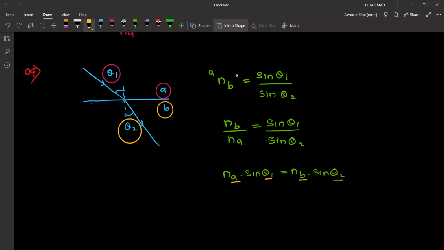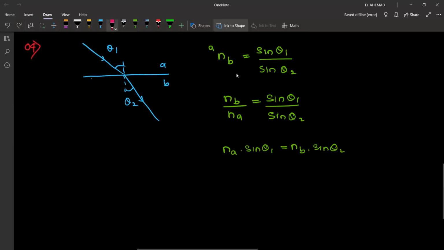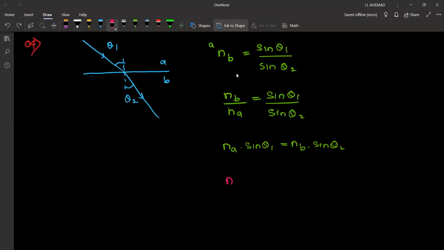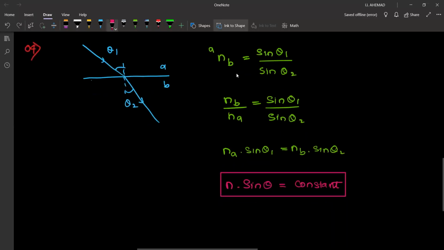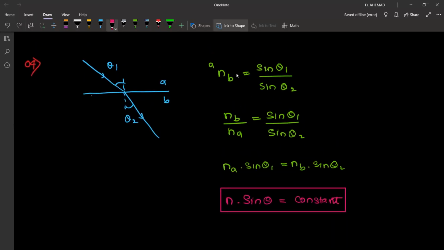So here, I can write this as n into sine theta is equal to a constant. So this will be the most convenient way of Snell's law.